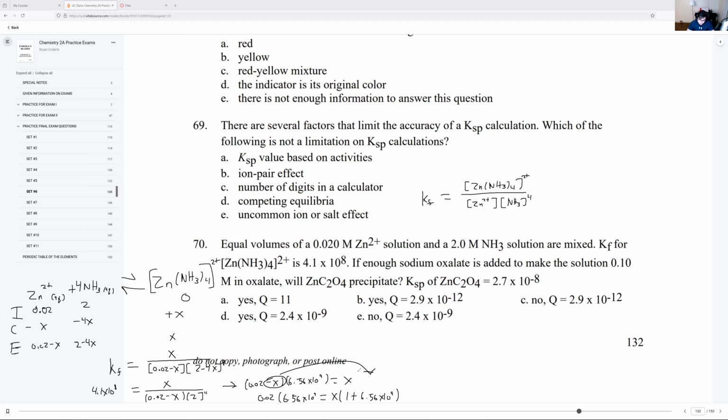Then you factor the x out. Let's see if this is any better. 0.02 divided by 1 plus 6.56 e to the ninth.